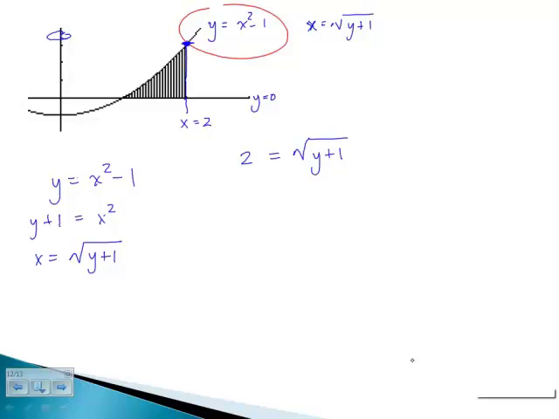We begin by squaring both sides, so that 4 is equal to y plus 1, and lastly we will subtract 1 from both sides, so that y is equal to 3. So the lower bound of integration is 0, and the upper bound of integration is 3. Now we can begin to find the volume of the solid.